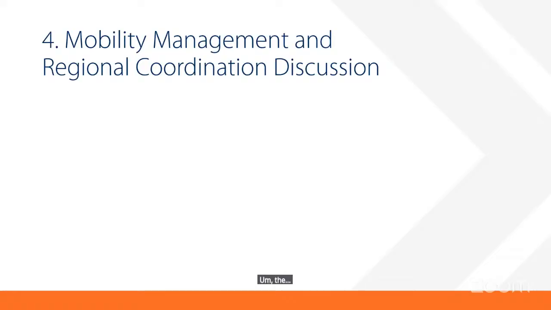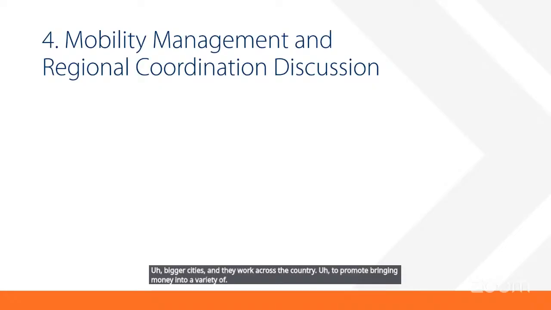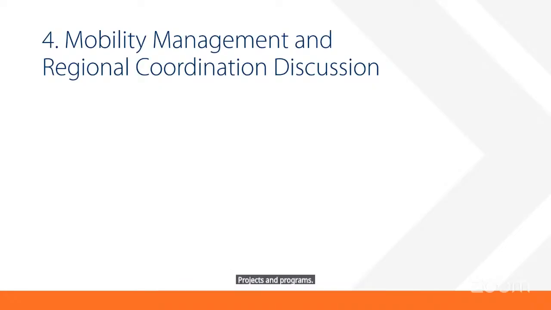The agency that collected the information is known as Bigger Cities, and they work across the country to promote bringing money into a variety of projects and programs. And this will elevate that discussion. It's a very positive thing in developing additional funding outside standard resources for mobility management.